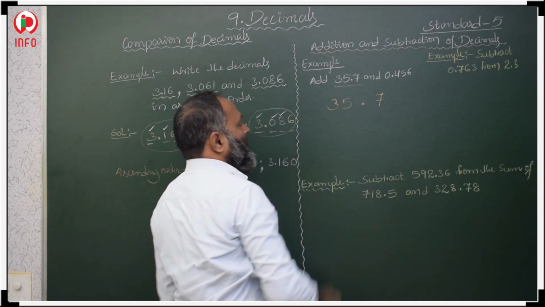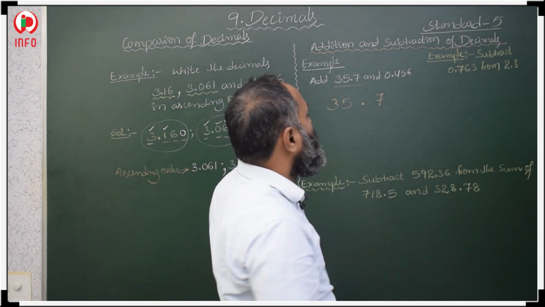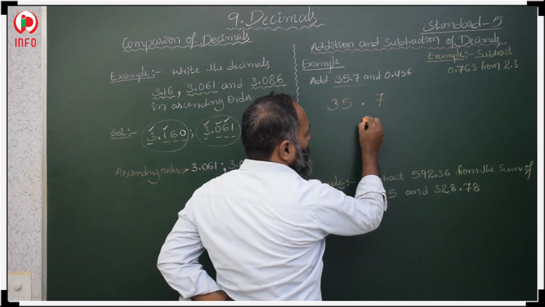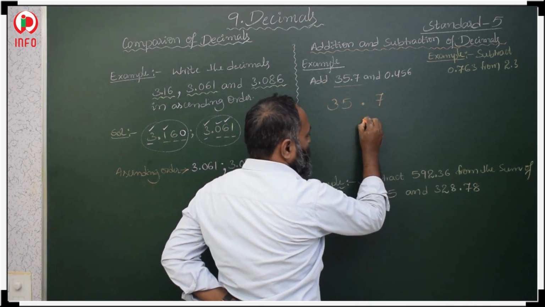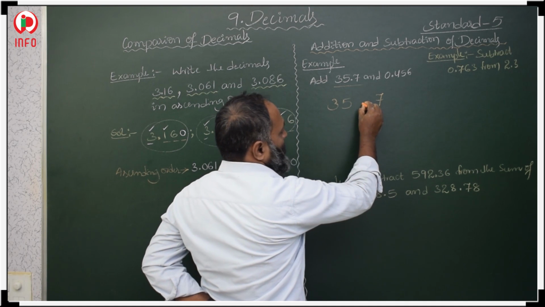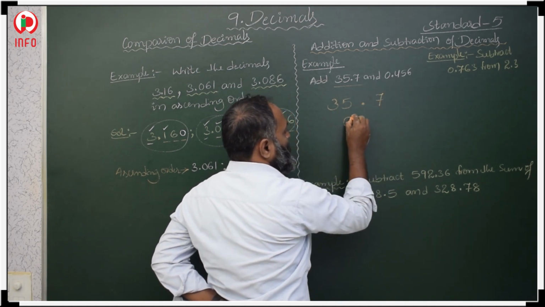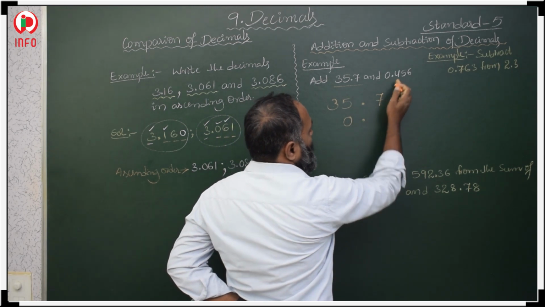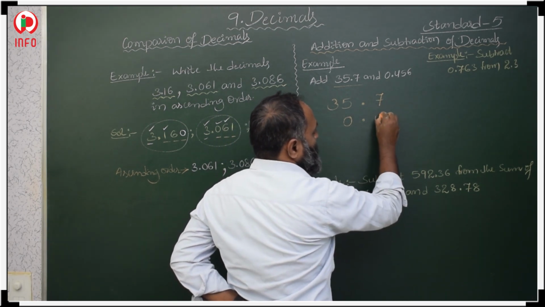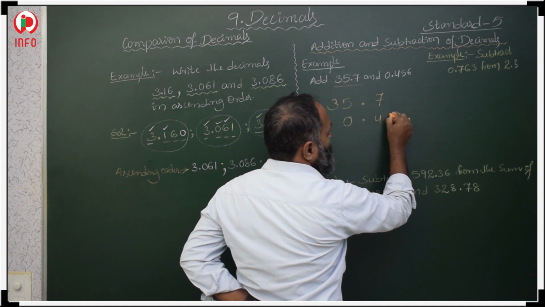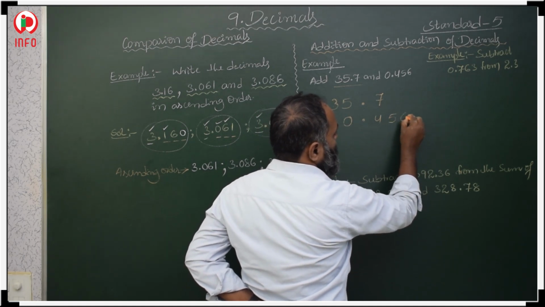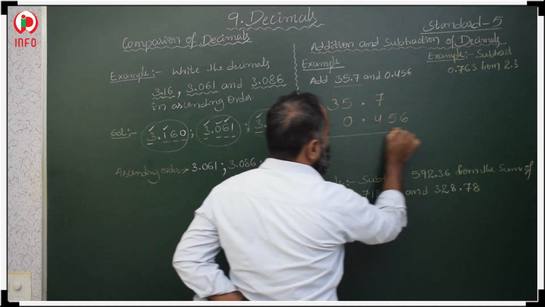Then after that, 0 point. First we should take the point exactly below the point. Before that, in the ones place is 0. So 0.456: 4 in the tenths place, 5 in the hundredths place and 6 in the thousandths place.